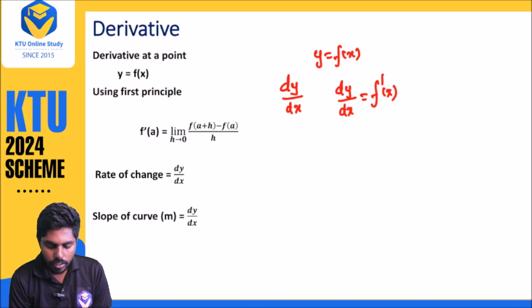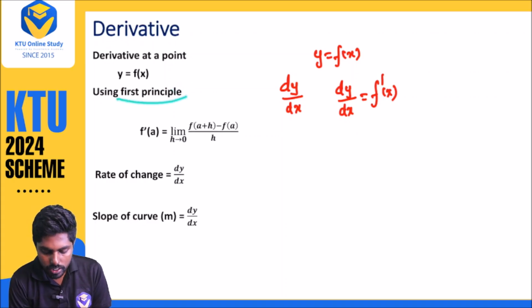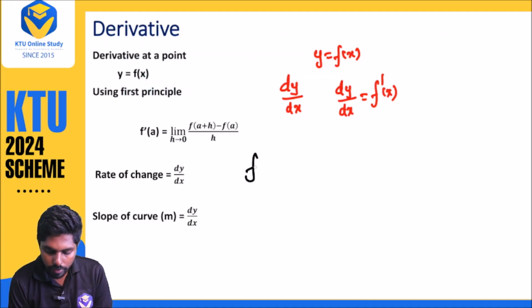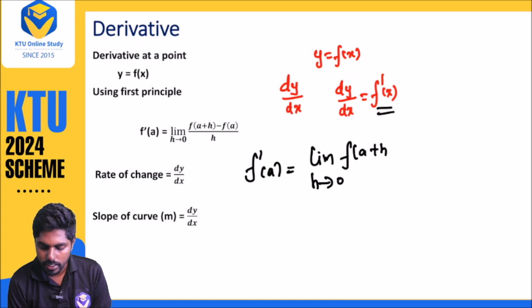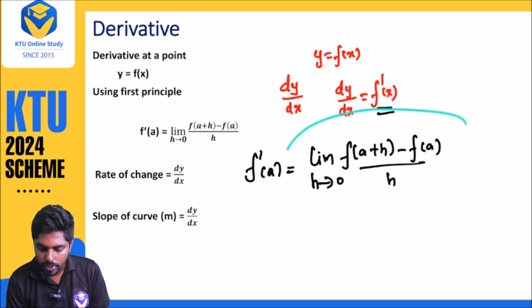If the question asks about the derivative using first principle, we use the formula: f dash of a is equal to the limit as h approaches 0 of f of a plus h minus f of a, divided by h. This is a very simple formula.